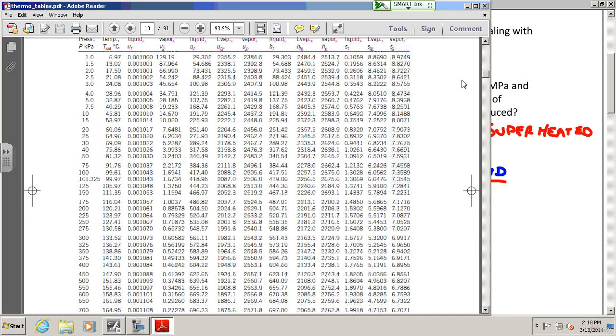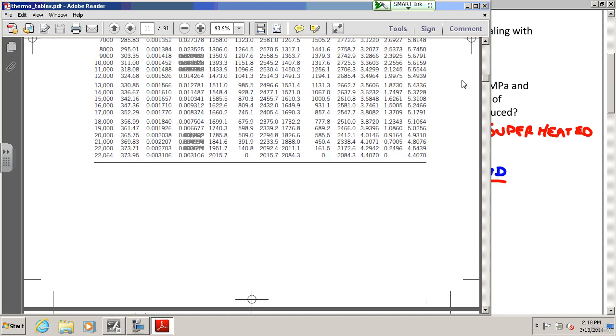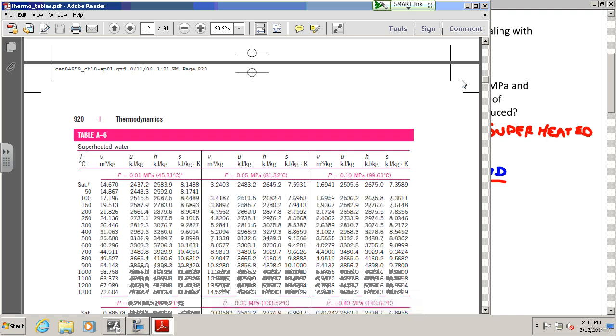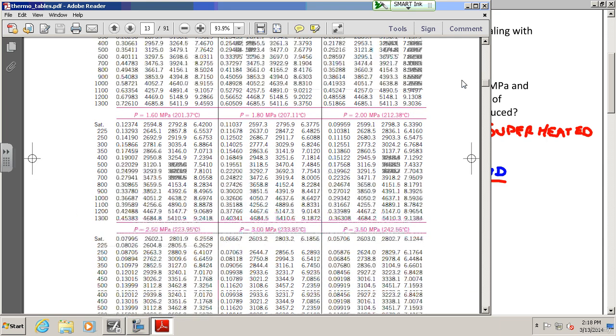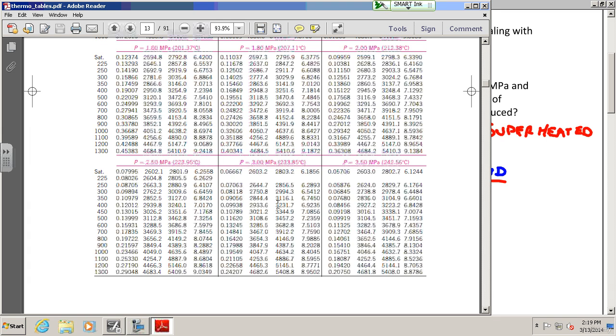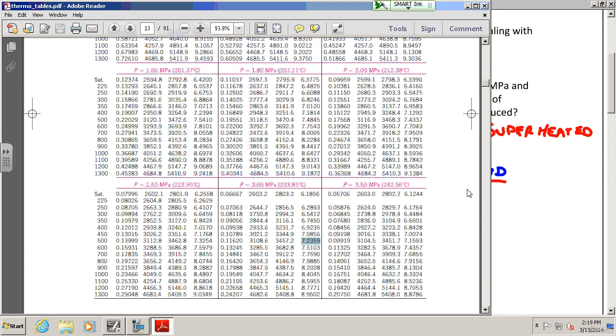So my first entropy is going to be from my superheated tables for 3 megapascals and 500 degrees Celsius. Hopefully you can see that okay. I highlighted it. That's the entropy right there, 7.2359. Now I don't see the units real clearly, but I'll tell you what they are.